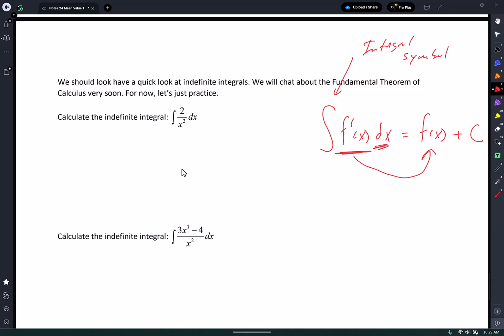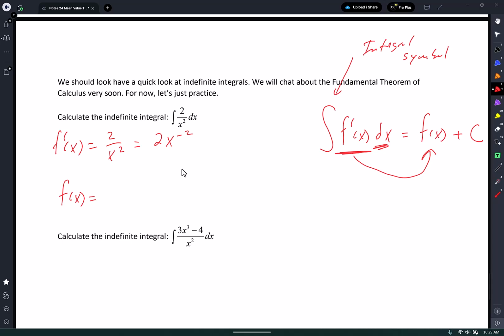If you feel better, f prime of x equals 2 over x squared. Look at my definition up here on the side. Let me rewrite this: 2x to the negative 2. We're going to do the same as before. I'm going to write f of x. What's the antiderivative of this?